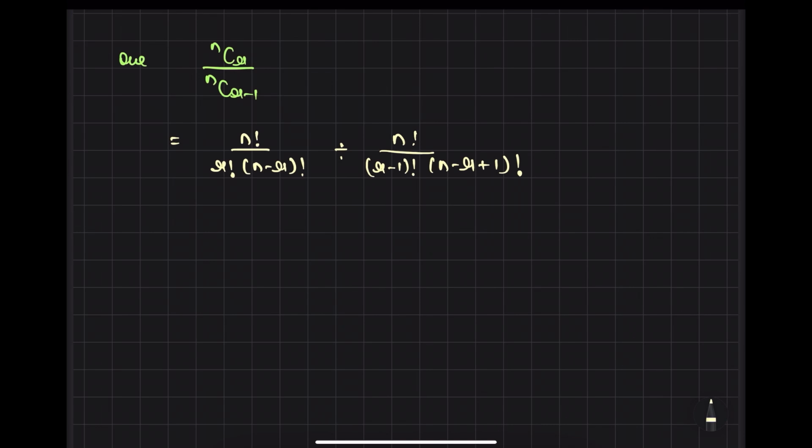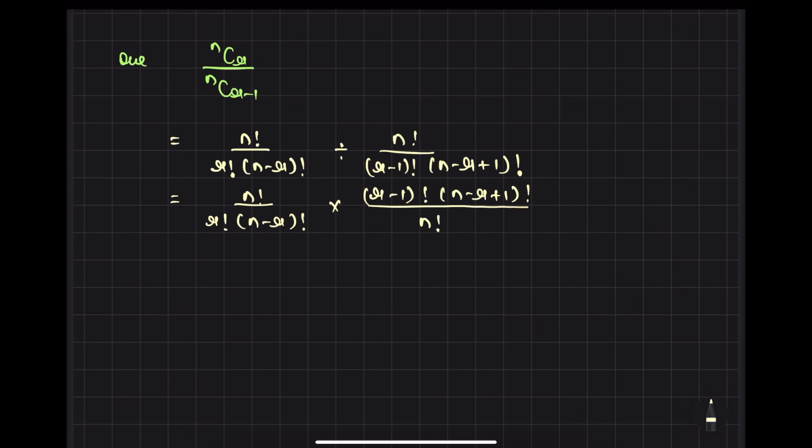Okay, now you know that division convert into multiplication. Okay, so we can write r minus 1 factorial n minus r plus 1 factorial by n factorial.